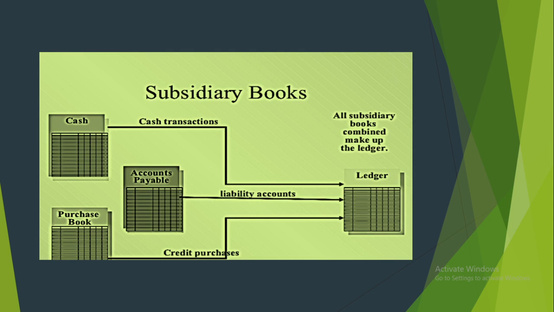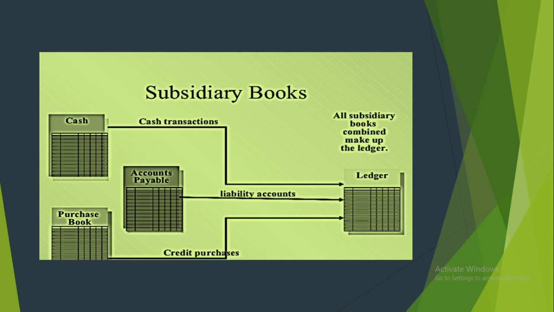Now, after completion of the trial balance, another aspect is the subsidiary book, which is also known as a special journal. So here I have taken some examples of subsidiary books, like cash. In the cash book, all transactions which are related to cash only, we have to write in the cash book.